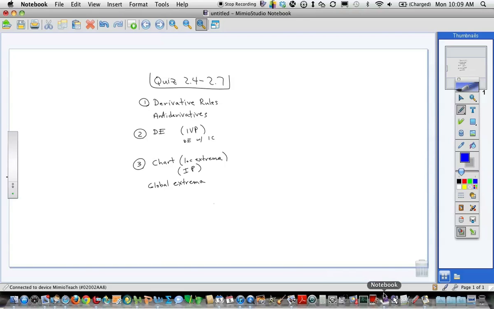Okay, that's pretty much it. Can we do a practice one of those? Absolutely. The chart one, that's what we're gonna do right now. We're gonna do some different practice ones of these various things. Let's start.